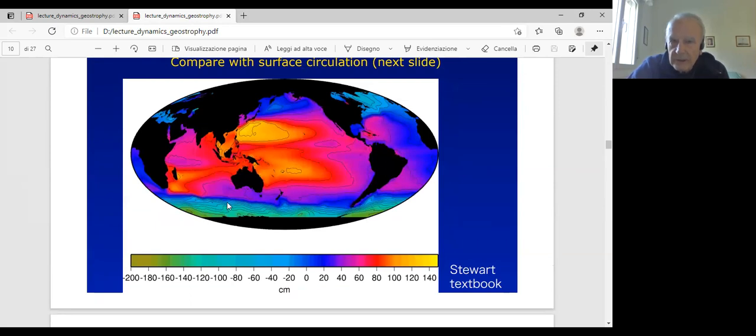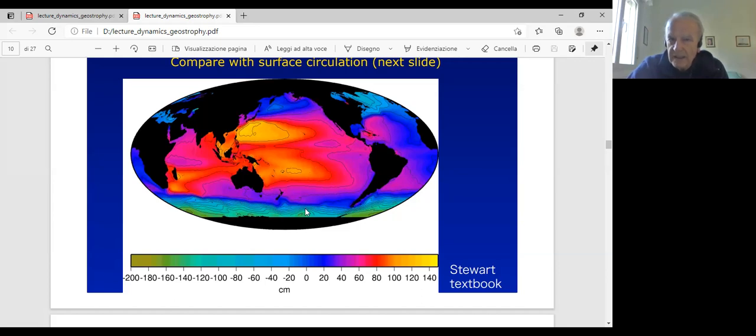Because if you look at the isolines, or lines of equal height, you can see that they are very close to each other, which means there is an extremely strong current running around Antarctica. Here we have the current flowing this way, and here the current around Antarctica is flowing that way.